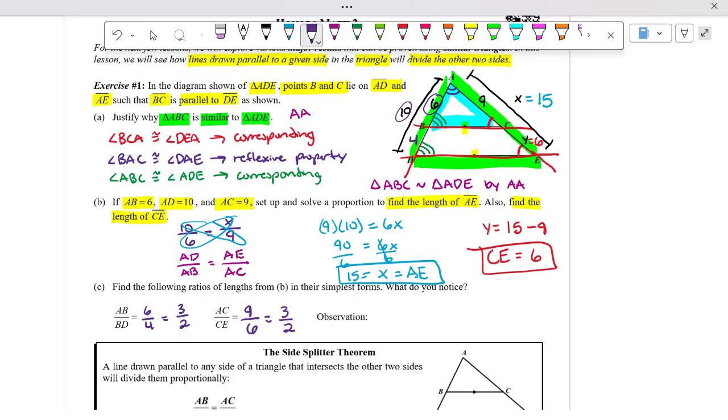So what's true about those ratios? Someone who has not talked yet today, what do you notice about those two ratios when we simplify them? They're the same. So the proportions are the same.